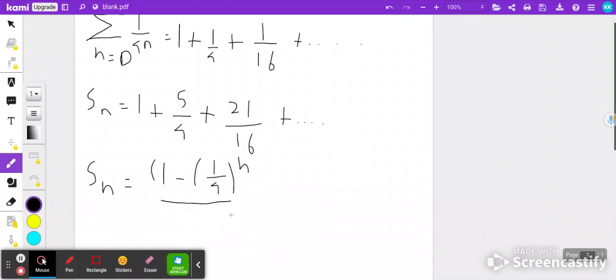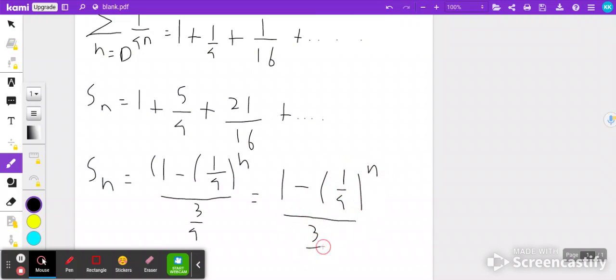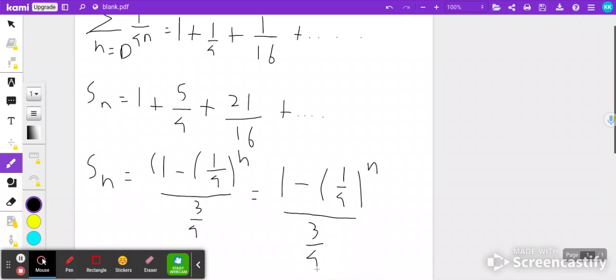If r is 1/4, then 1 minus r is just 3/4. So this is the same as 1 minus 1/4 to the n, over 3/4. Now we have a formula for the nth partial sum.